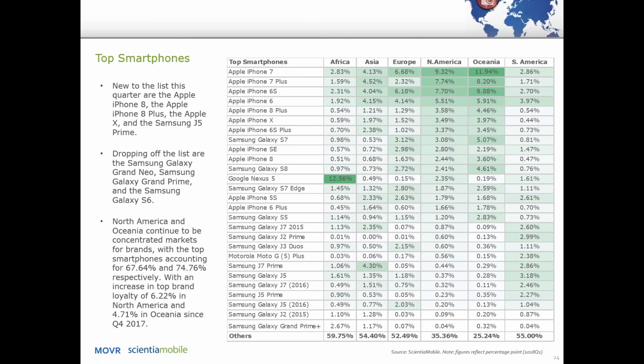Not so much in Europe or Asia. There's a little more fragmentation going on there. But we continue to see that level of fragmentation, the number of devices grow and accelerate, and that's one of the reasons that device detection is so important, because you have to be prepared for changes in the market and different modes, whether it's smartphones, tablets, smart TVs.